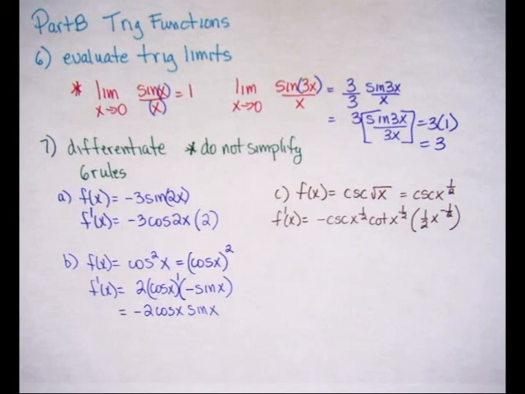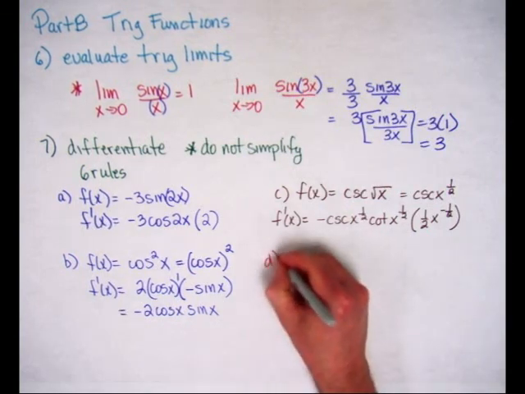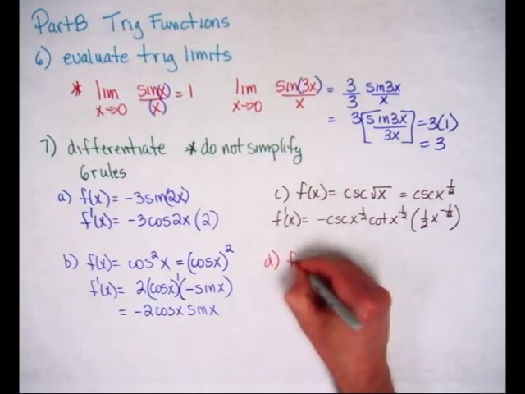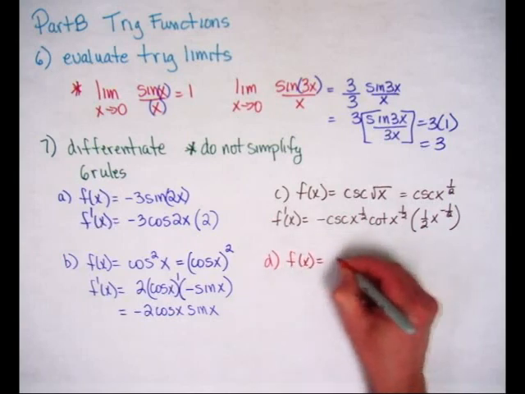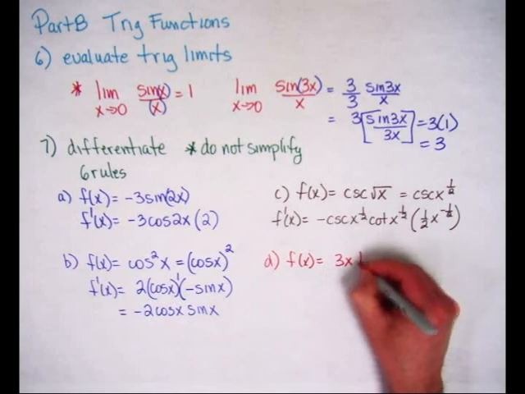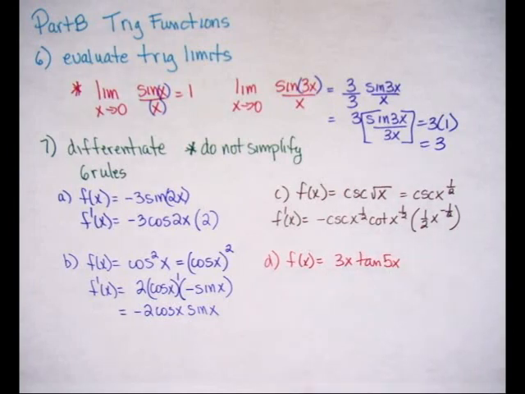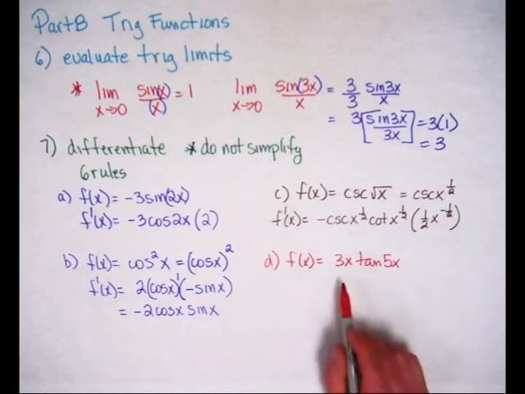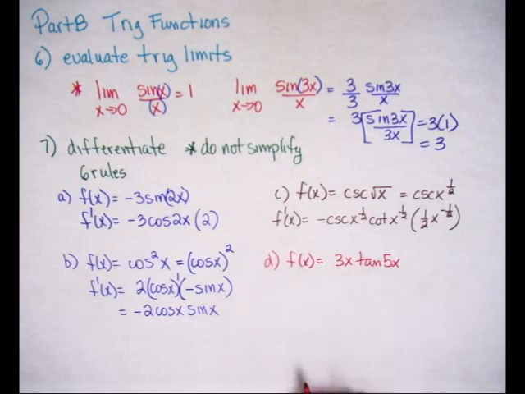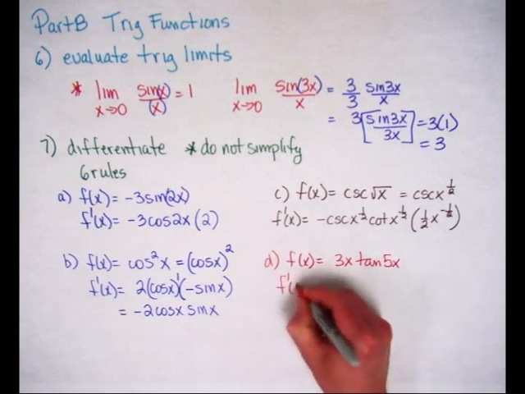And I guess finally we'll do an example, again, just to show you that we can combine rules. You could have something like f of x equals 3x tan 5x. So the purpose of this question is that you recognize that you have a product rule. If that was just a 3, then it would be a constant. But it is a 3x, so we have to use the product rule.